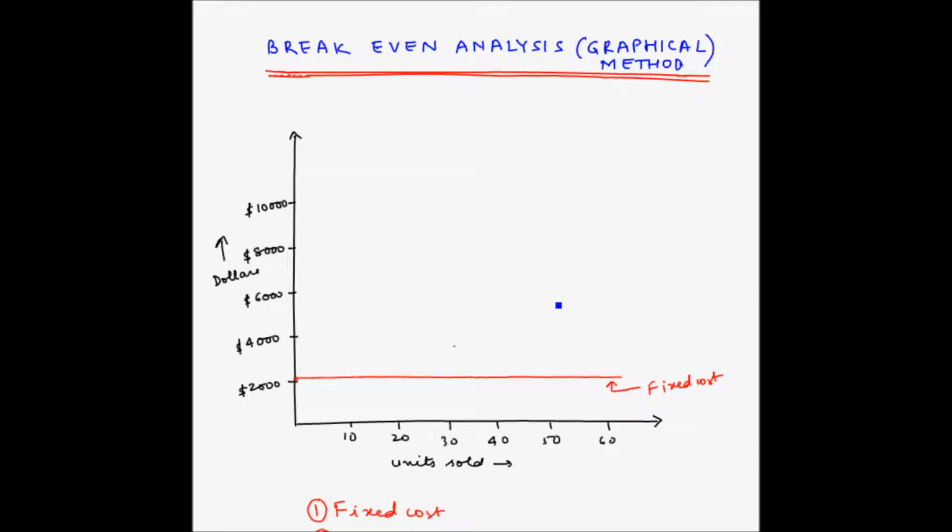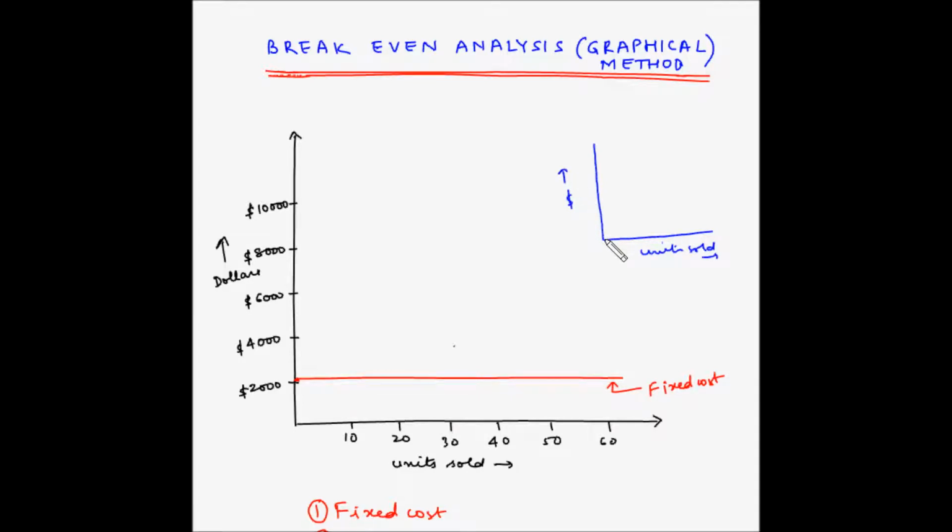Now let's move to variable cost. So variable cost varies by the number of units sold. So if we have to plot the variable cost, so let's say this is the graph with units sold on the x-axis and dollar amount on the y-axis.